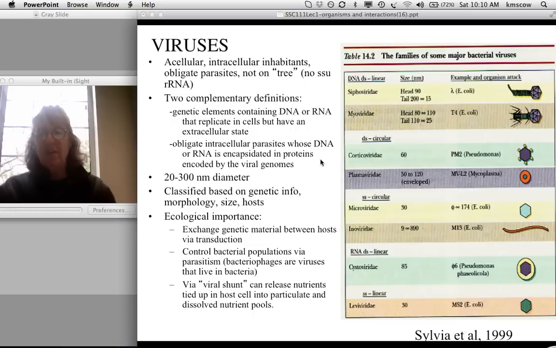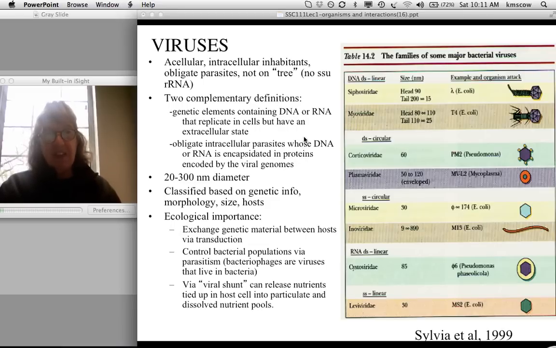It's a rule, and I think it's interesting to think about them both as genetic elements that contain, there are DNA and RNA viruses that replicate in cells, but they also have an extracellular state. And then there also can be considered obligate intracellular parasites whose DNA or RNA is in proteins encoded by their genomes.